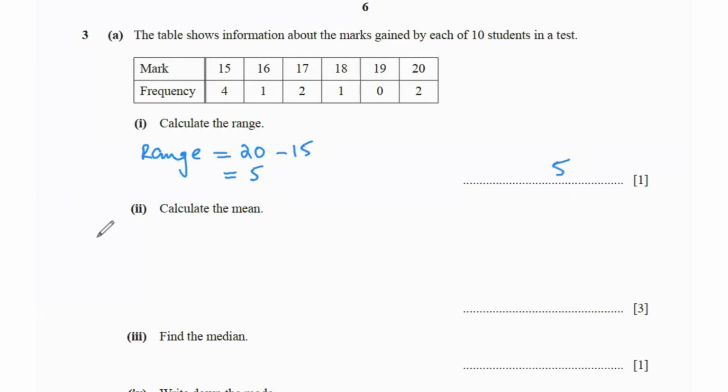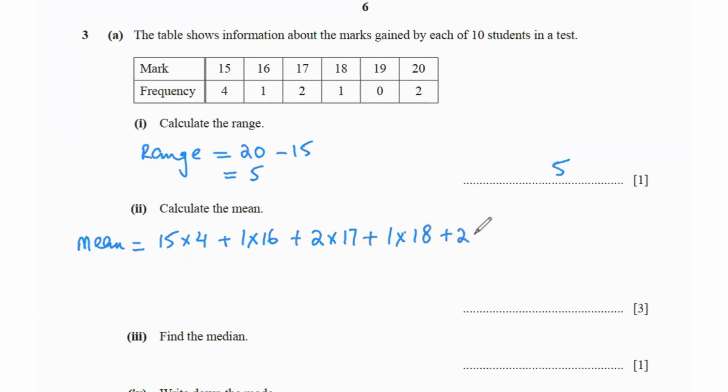Then it says calculate the mean. So for the mean, we will multiply the frequency value with the marks value and then add for each column that's given in the table. So what I mean is that we'll do 15 times 4 because 4 people have 15 marks. Then 1 person has 16 marks. 2 people have 17. 1 has 18. 0 have 19, so I don't add that.